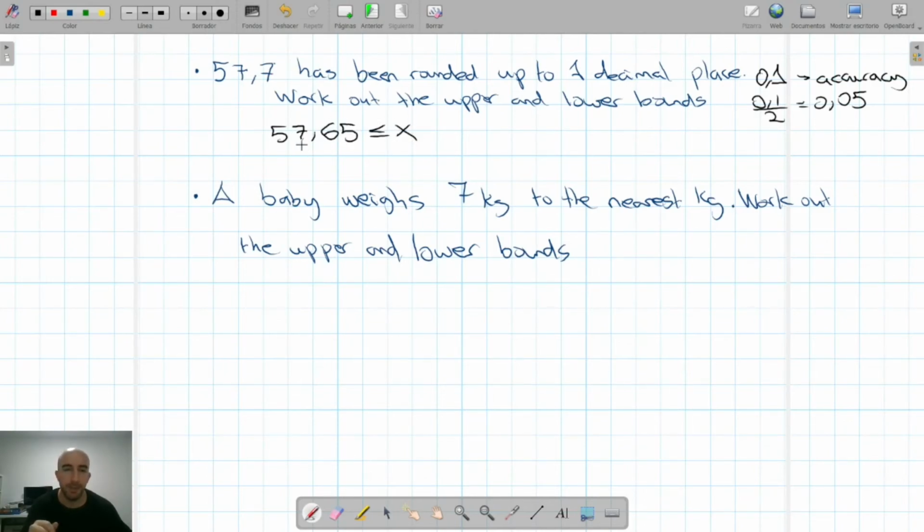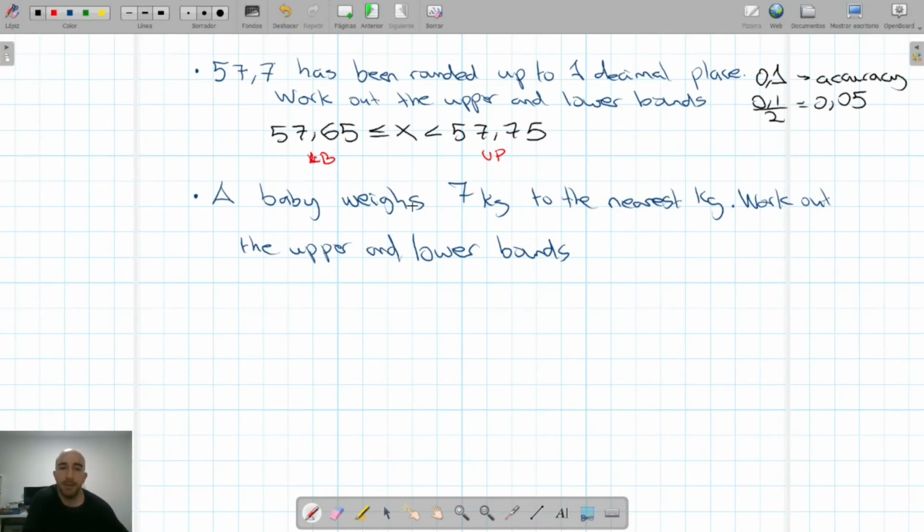Our measurement can be anything between 57.65 and, without including it, our measurement plus that 0.05, so that's 57.75. So this is the lower bound, and this is the upper bound. Written as an inequality, we don't include our upper bound because we don't get there. It's anything under our upper bound.